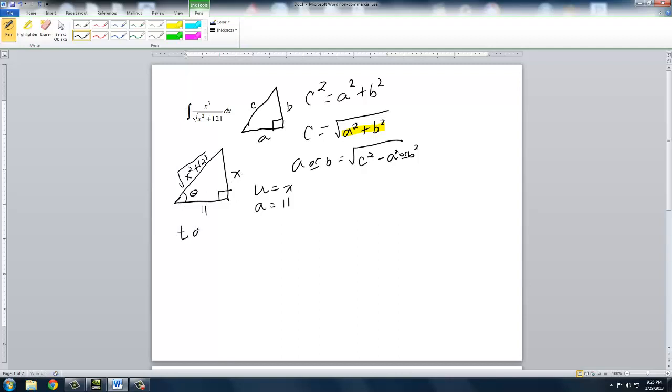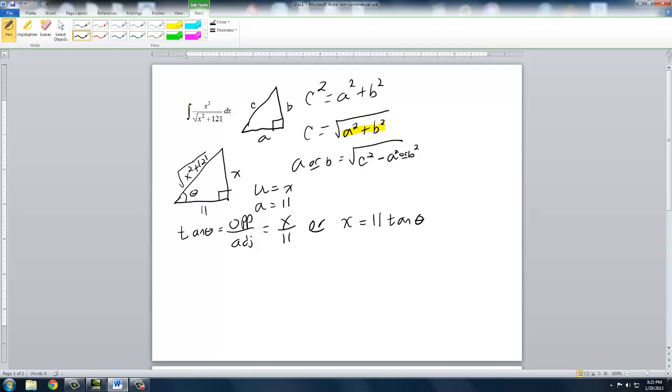Tangent of the angle is the opposite side over the adjacent side, so tangent of theta is equal to x over 11. Multiplying by 11, x is equal to 11 tangent of theta.